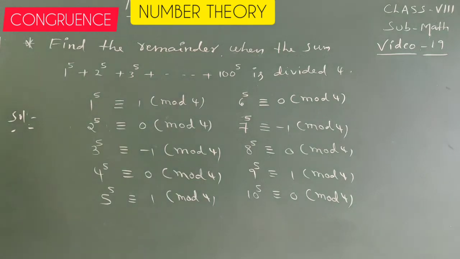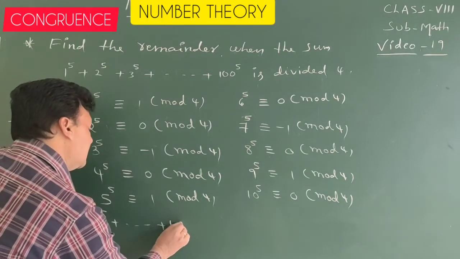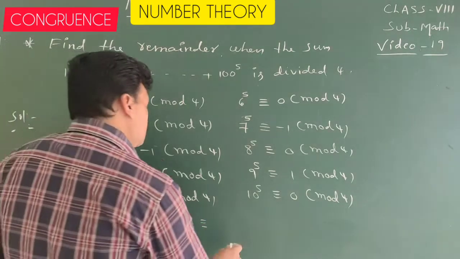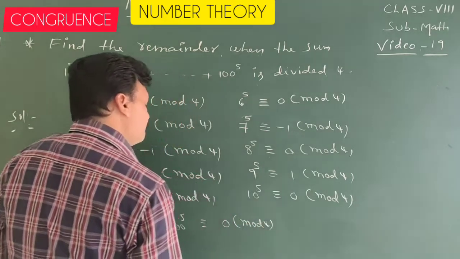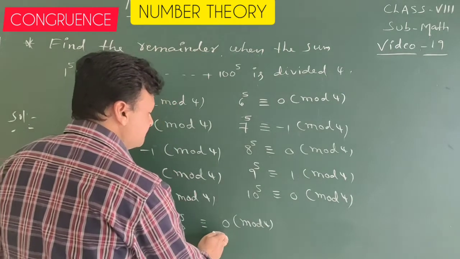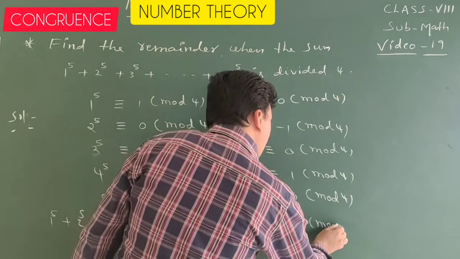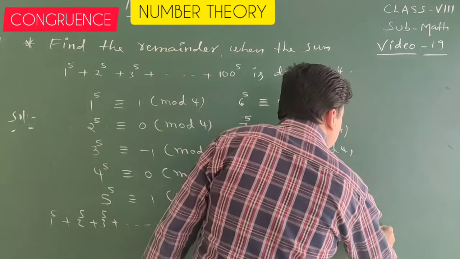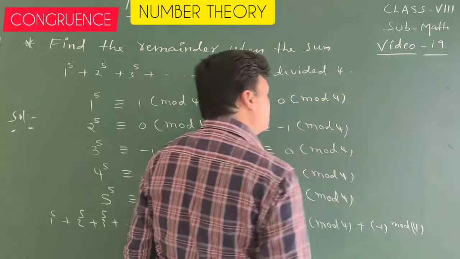So here 1 power 5 plus 2 power 5 plus 3 power 5 and so on plus 100 power 5 is congruent to 0 mod 4 fifty times, plus 1 mod 4 twenty-five times, minus 1 mod 4 twenty-five times.